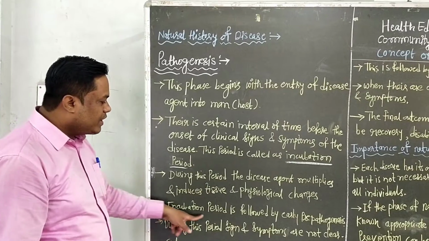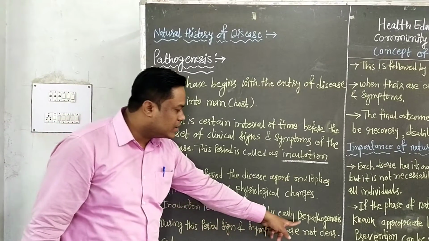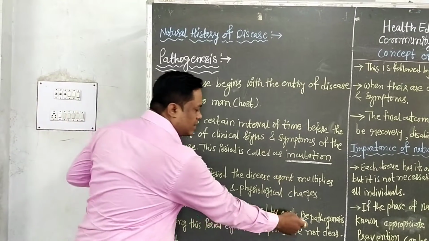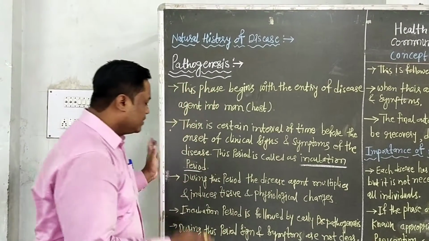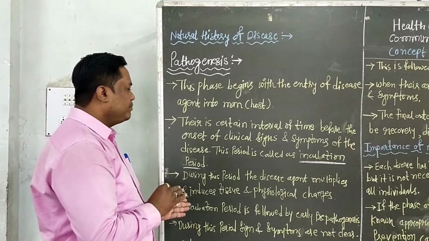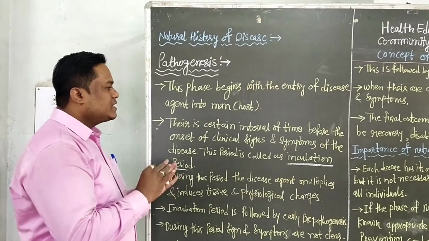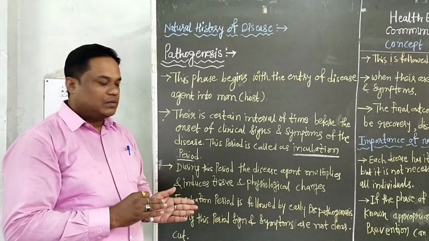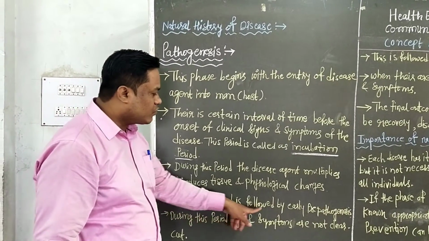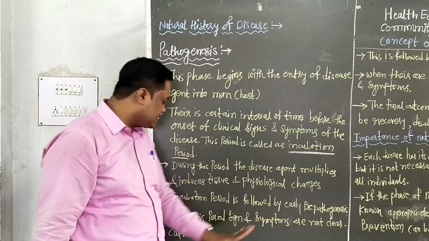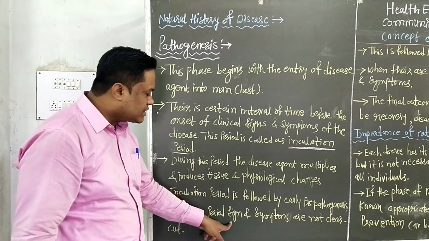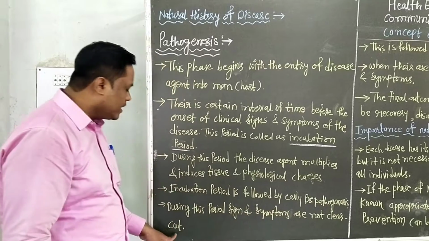The incubation period is followed by early pre-pathogenesis, because the disease agent has entered the man. In the incubation period, he has not seen the signs and symptoms. But after some time of the incubation period, it is followed by early pre-pathogenesis, during which the signs and symptoms are not clear.